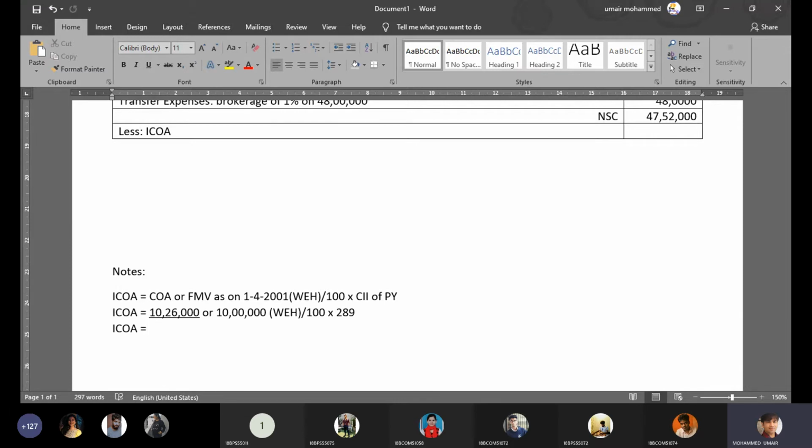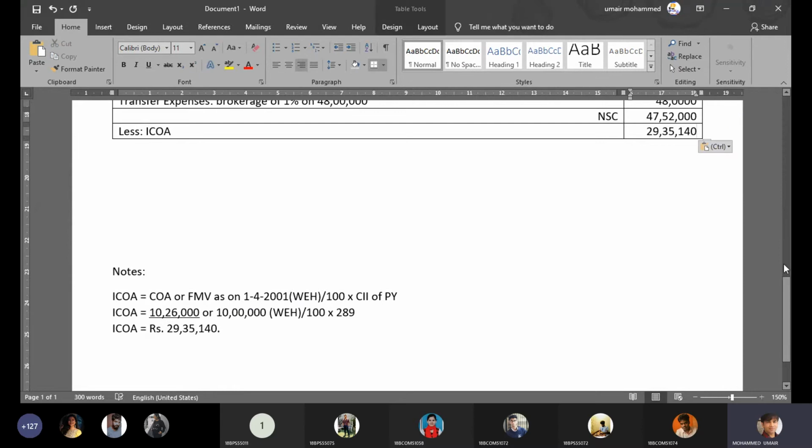So 10,26,000 divided by 100 into 289. So this will give you 29,65,140. So this is our indexed cost of acquisition.